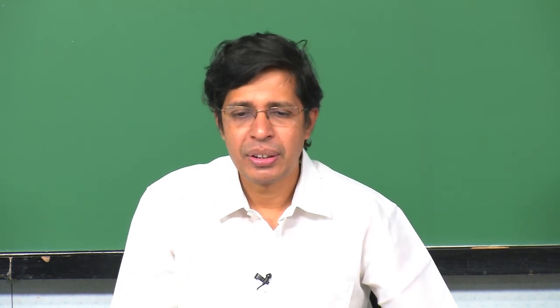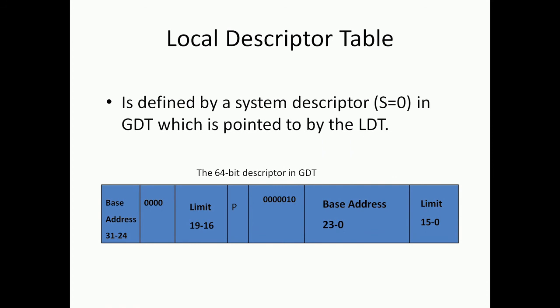Okay. Now what is this local descriptor table? I said LGDT and LIDT. LGDT takes some memory location, and in that memory location there will be a 48-bit value. Similarly LIDT. That 48 bits means 16 bits for the limit and 32 bits for the base.